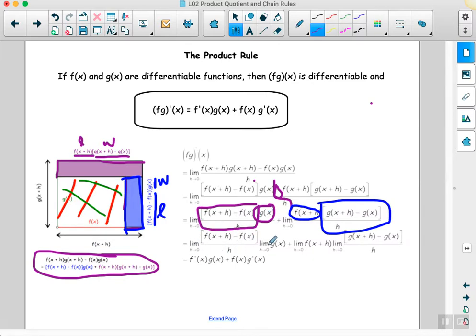So there's the product of those two limits. And then I'm breaking this one up over here into the limit of this product, the product of that limit times that limit. And this, of course, is f prime. And that's just g at x. And this, of course, is g prime. So there's an interesting proof of that.